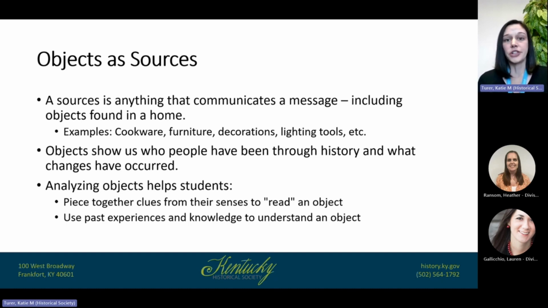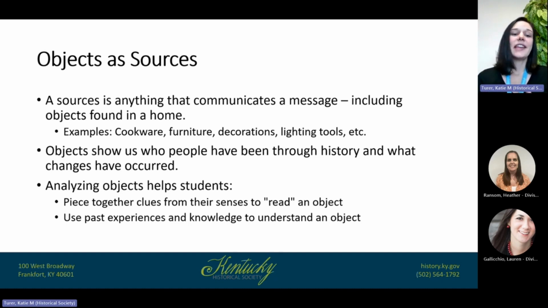Objects are personal, so they represent the people who use them. And I think that makes them a really great way to see how people have changed and how life has changed throughout history. And lastly, as you see here, analyzing objects does help students. If they're able to have an object in their hand, they really get to use all of their senses to read the object, to get to know it.